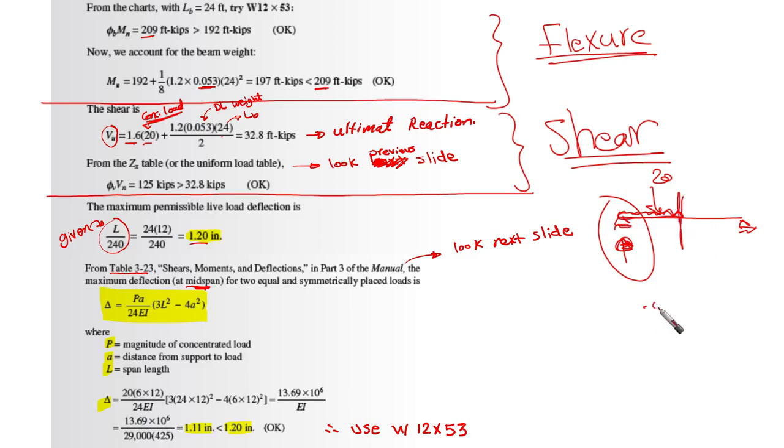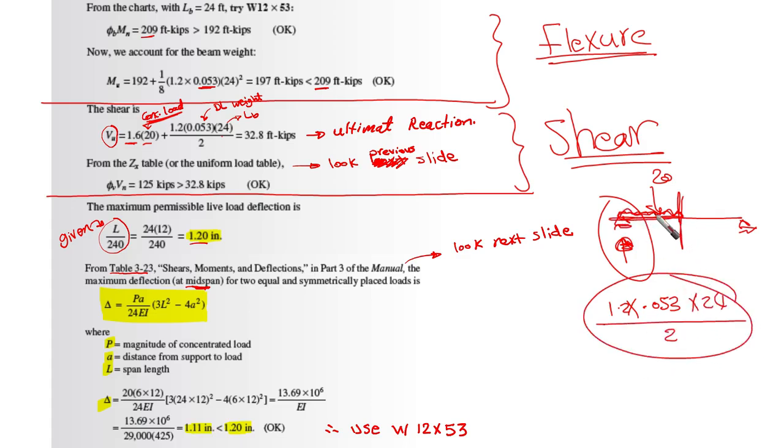So we have 0.053, the load per unit length, times 1.2 times 24 over 2. This gives us the reaction coming from the weight. Add it also here, and we are going to find that this is the ultimate reaction, the required shear strength.